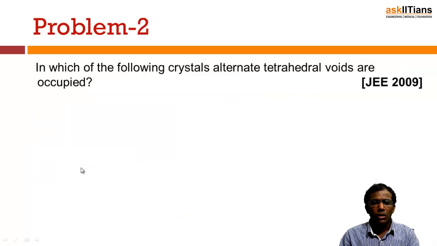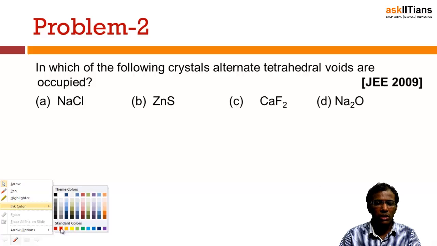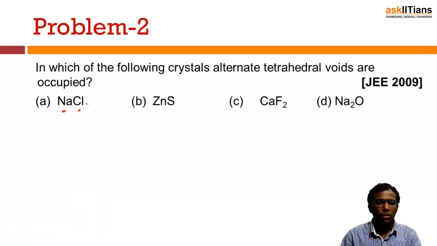Problem 2. In which of the following crystals are alternate tetrahedral voids occupied? Options are NaCl, ZnS, calcium fluoride, sodium oxide. If you see NaCl, the chloride ions occupy the CCP and the sodium ions occupy all the octahedral voids.